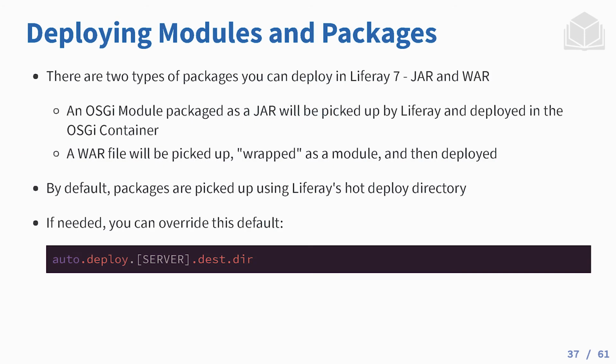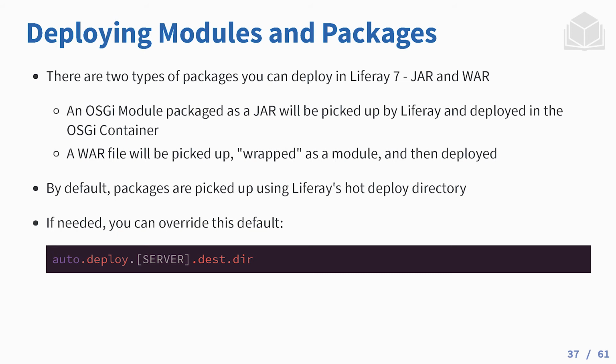I told you Liferay can deploy two types of application, a WAR file and a jar file. Now in the ancient past, up until Liferay 6.2, Liferay deployed all of its applications to the application server as a web application. It's a WAR file after all, so the web application server makes sense of the WAR files and deploys them as a regular web application.